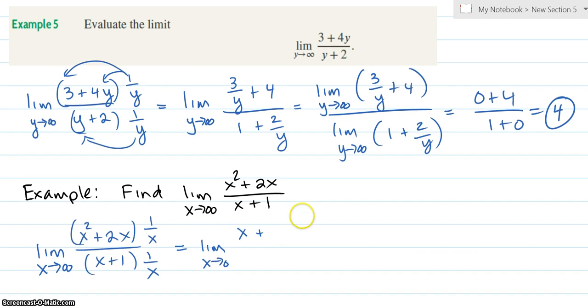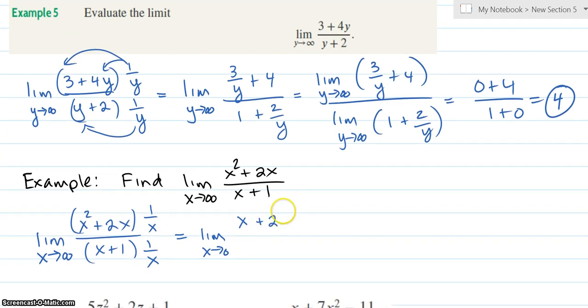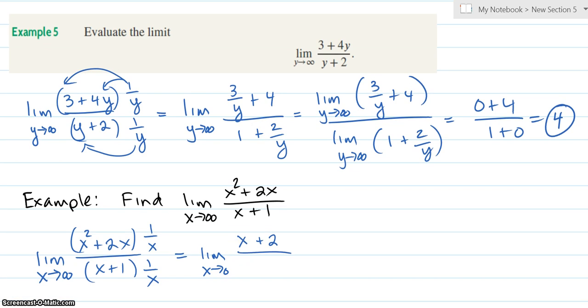This would be an x plus 2 over just 2. And then the denominator would be a 1 plus 1 over x. And you can see here, as x goes to infinity, this is 0, but we still have that infinity up there.